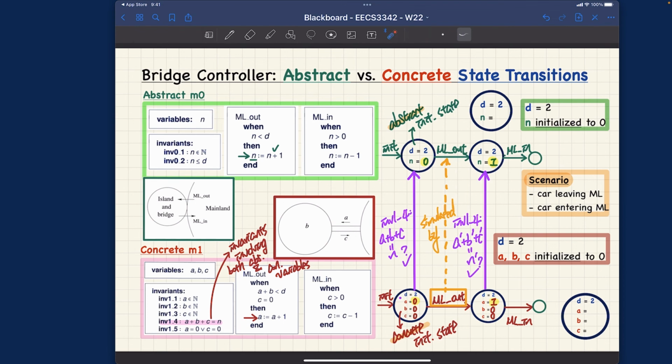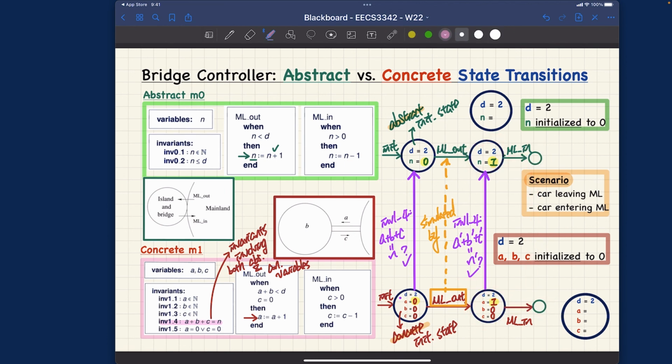Now you want to argue that this particular state transition over here is also consistent, right? You want to make sure these two pre-states for the MLN are related by this particular invariant, which we kind of showed already. And also you want to make sure the resulting states over here can also be related by the concrete invariant. That'll be the exercise, right?